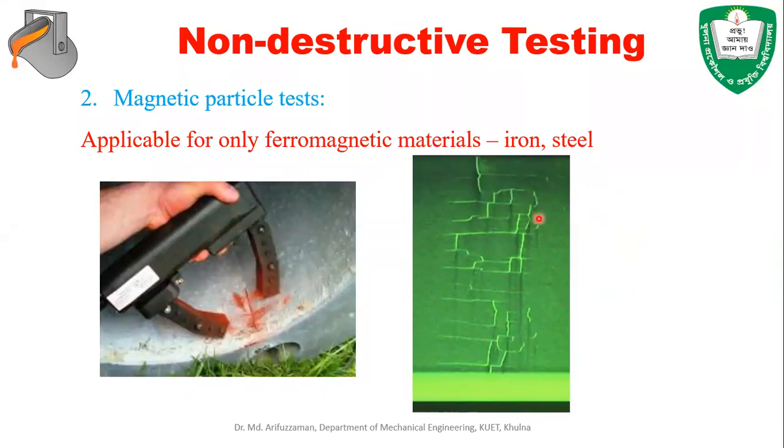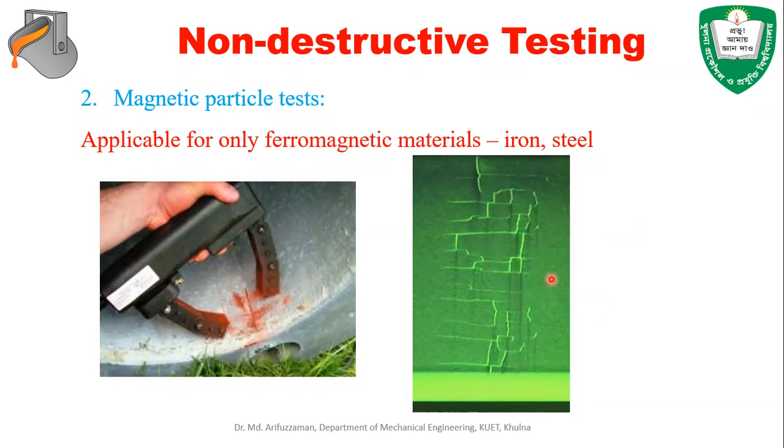If the cracks are like this, and you apply the magnetic field only in the horizontal direction, then you'll be able to detect the cracks on this one, this one, or this one. But if you apply the magnetic field vertically, then you'll be able to see only the horizontal cracks, but you will not be able to see the vertical cracks.